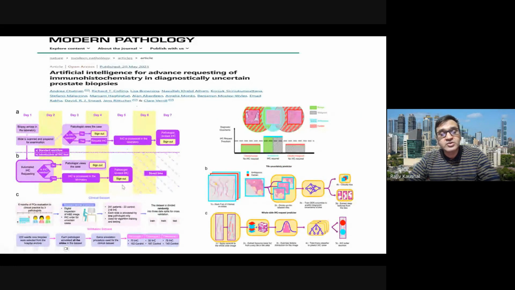Before the actual ordering of the IHC by the pathologist, these algorithms give a message to the pathologist as well as to the lab that, suppose out of 10 cases, these particular cases need IHC. And when finally the pathologist reports a case, the case will come along with the IHCs which are decided by these algorithms. So it saves a lot of time and even avoids unnecessary IHCs in those cases where it is not recommended.